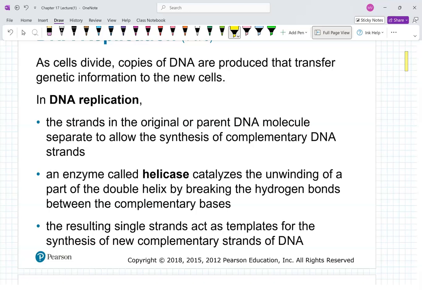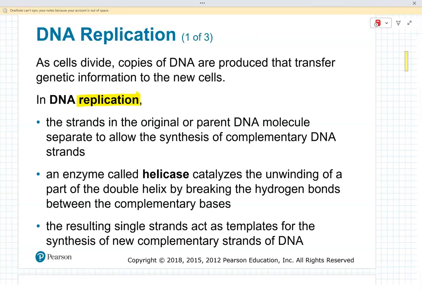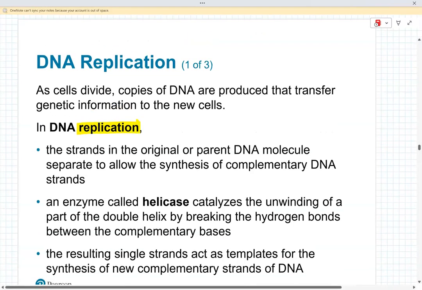So you have to pass DNA to your offspring, whether you are a multicellular organism like humans or you're a single cell, right? You have to pass that genetic information. But if you're a cell and you want to pass it down, you need to make a copy, because a cell will produce two cells, right? So that copying of DNA is called replication. Before the cells divide, DNA is copied.